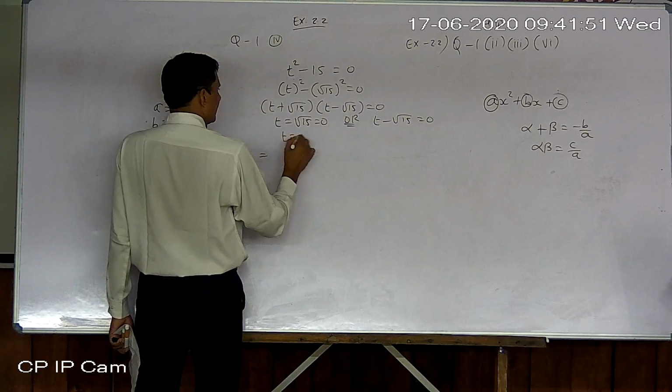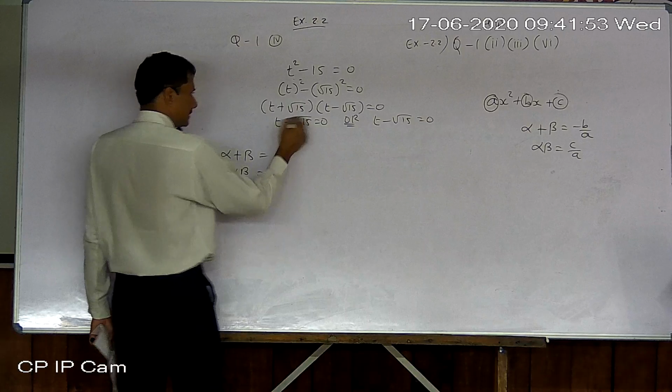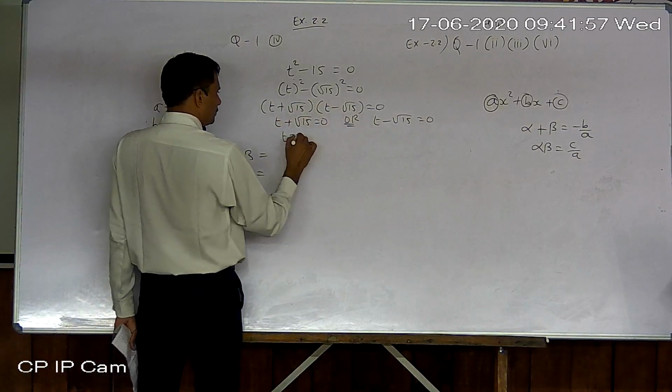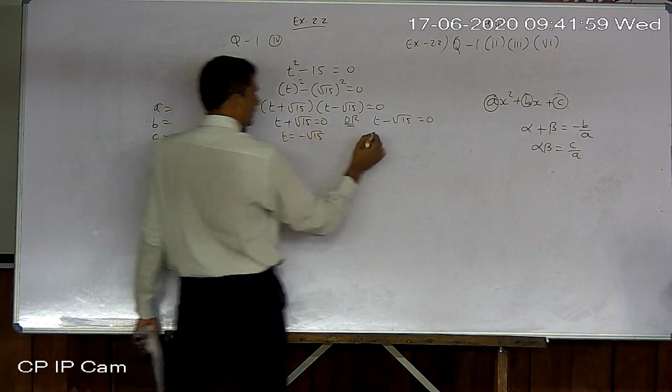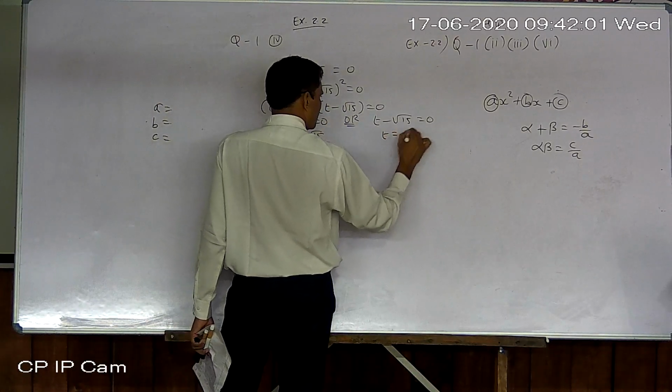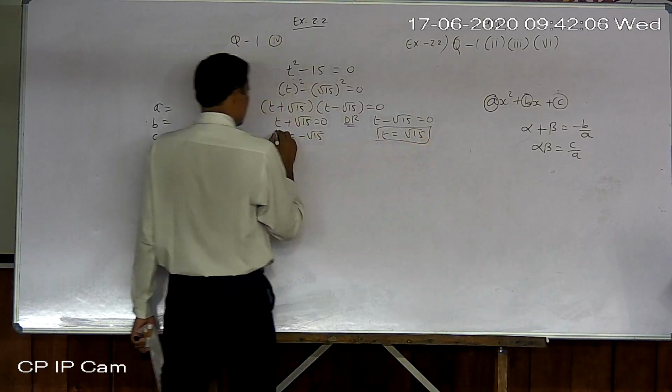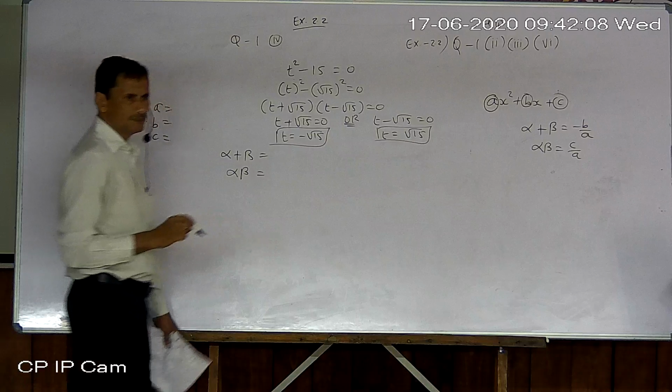So t becomes t plus root 15 and t minus root 15. So this becomes minus root 15, and here it becomes plus root 15. So we got 2 zeros. Understand? This is simple.